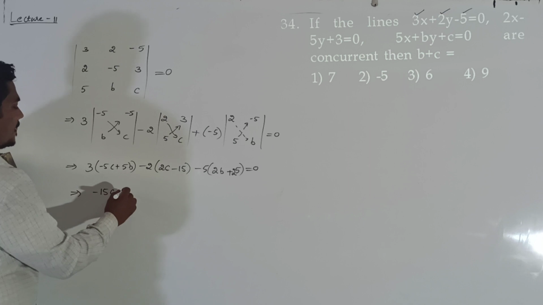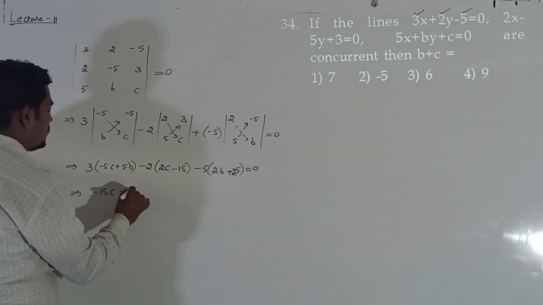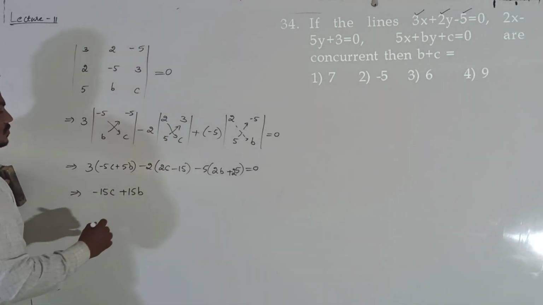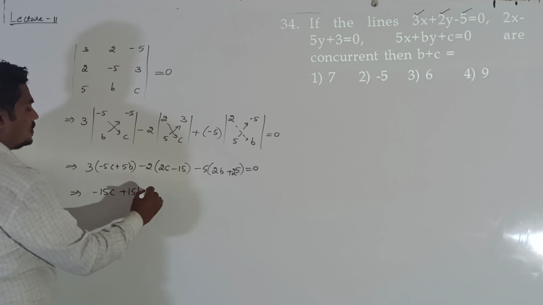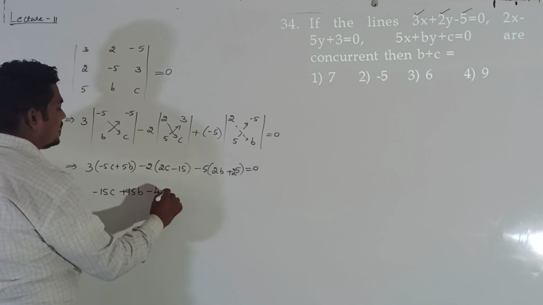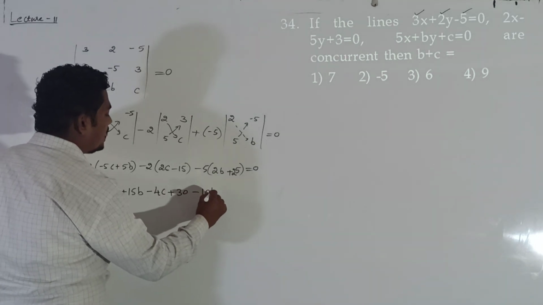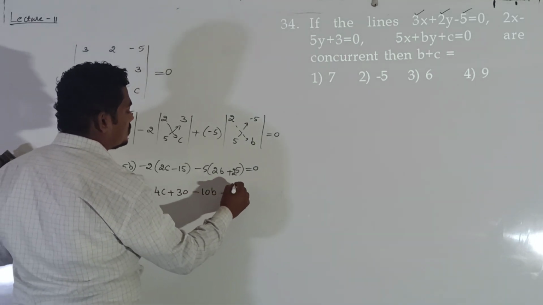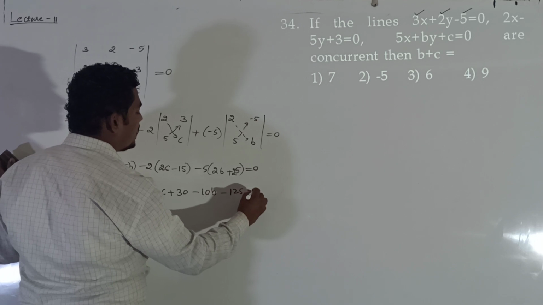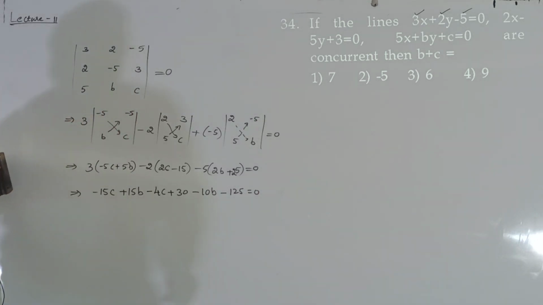Minus 15c plus 15b, then minus 4c plus 30 minus 10b minus 125 is equal to 0.